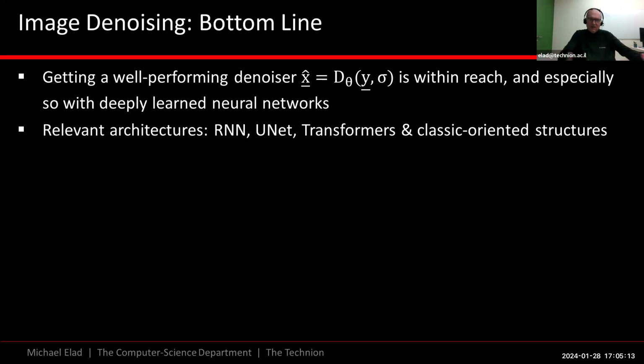Basically, spread it as a chain of operations that you are performing on the image in order to clean it up. And now, once you have the chain of operations, free the parameters and let them learn in a supervised way. So you have an architecture that is well justified. It knows what it does, but it is being learned in a supervised way by showing it inputs and outputs and training it end to end.